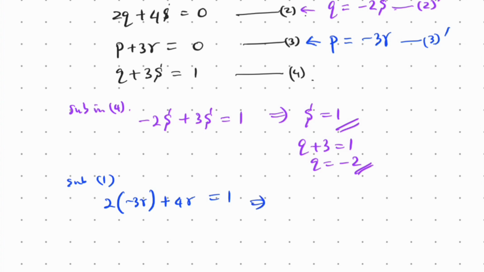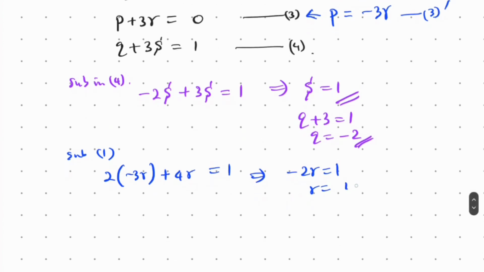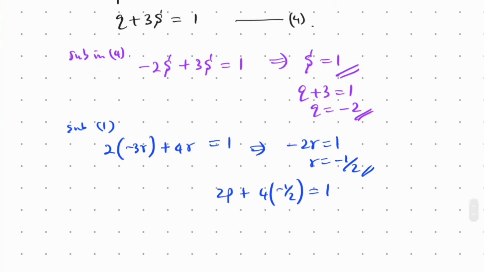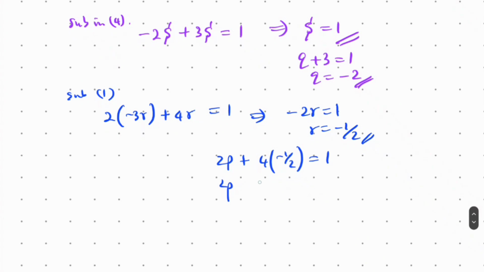That's going to give me minus 6R plus 4R, which is minus 2R, equal to 1. So R is equal to minus half. I have R, so I can plug it into the first equation itself. So 2P plus 4 times minus half is equal to 1. So that's 2P minus 2 equals 1. 2P equals 3, so P is equal to 3 over 2. So these are my answers.